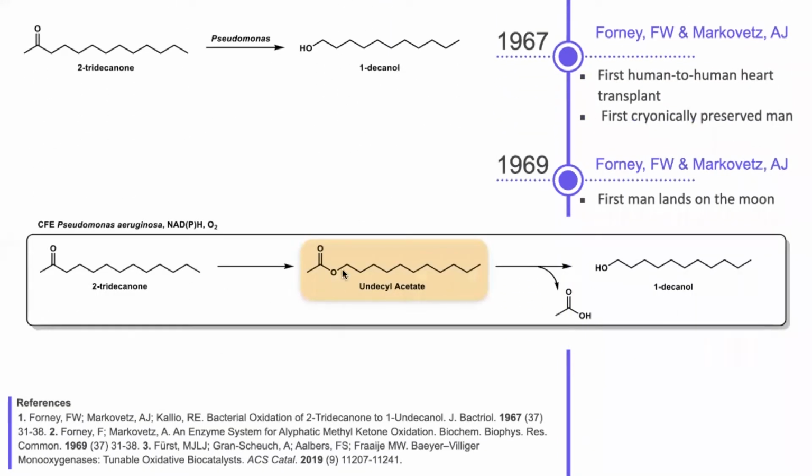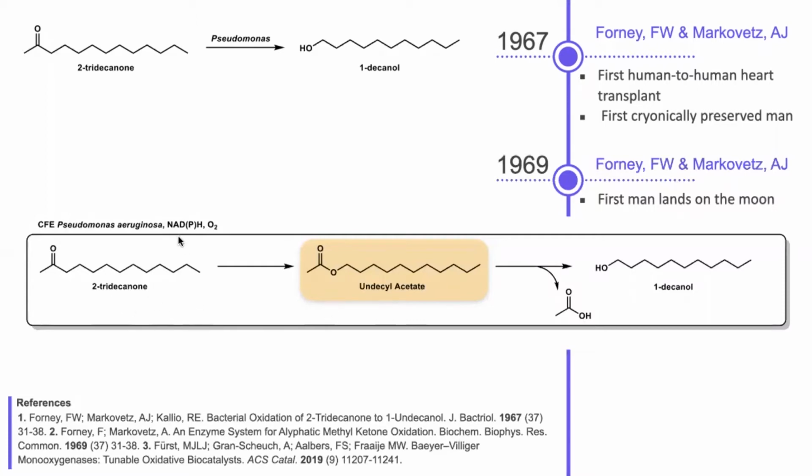Just a couple of years later, they identified that the intermediate in the pathway is undecyl acetate. And you can immediately see that this could be the reaction product of a Baeyer-Villiger oxidation of 2-decanone.